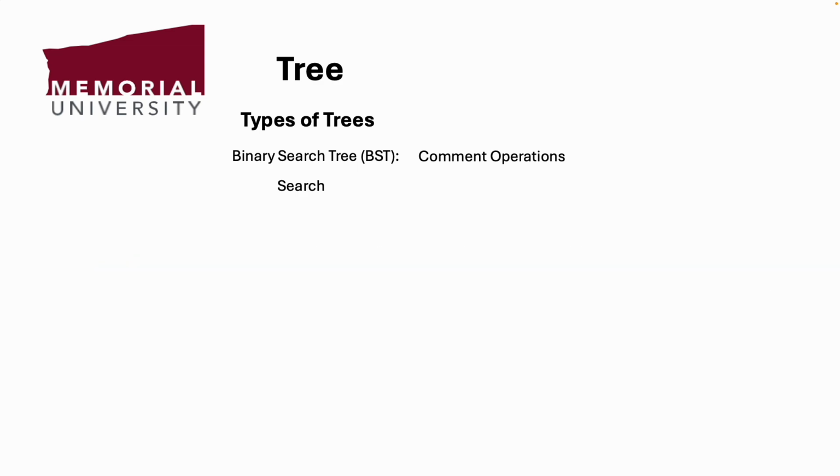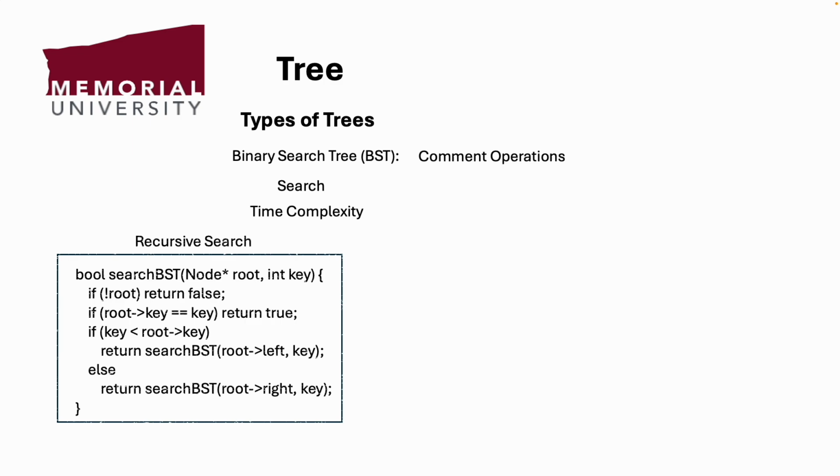Now let's look at the time complexity of search in the binary search tree. For recursive search, let's recall this function again. What is the recurrence relation for this recursive search?